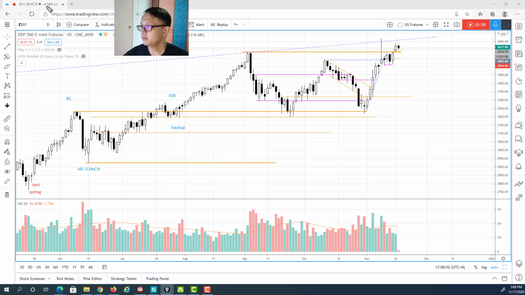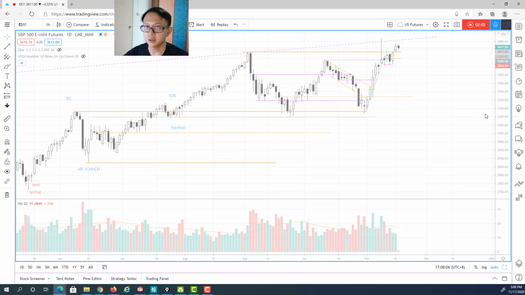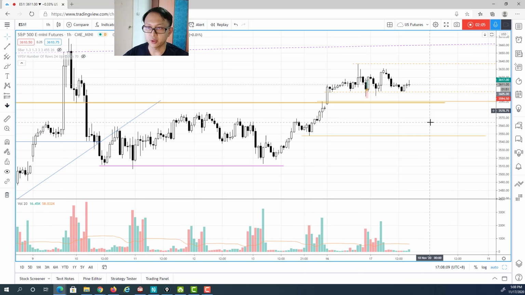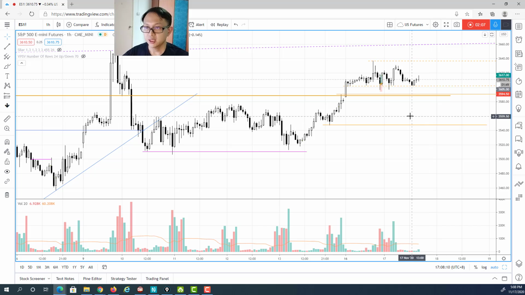But let me get down to the hourly time frame and let's talk about what's happening from yesterday's session. You can obviously see from the smaller time frame, the hourly time frame, there's actually a false breakout or a spring type of trade that happened, relying on the Globex low from the previous day.